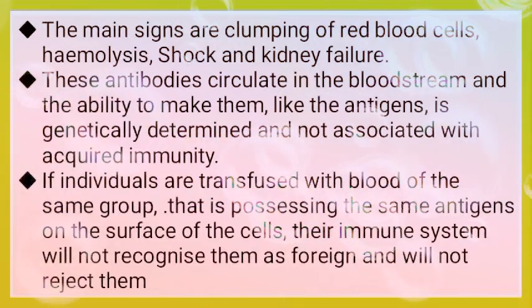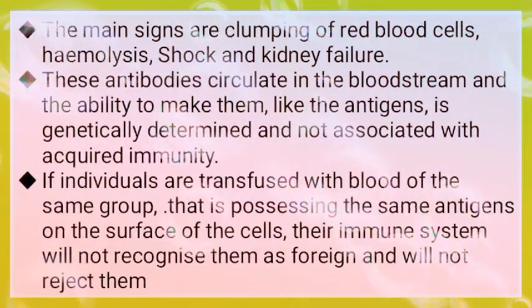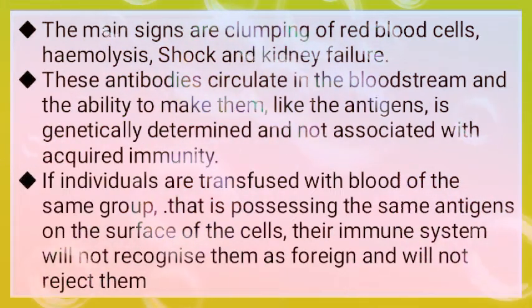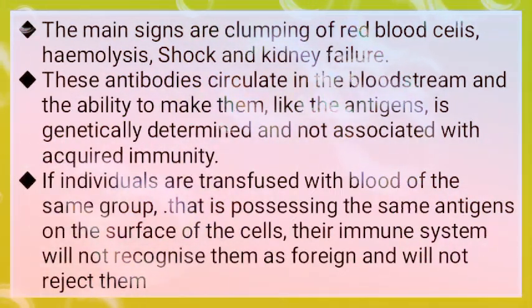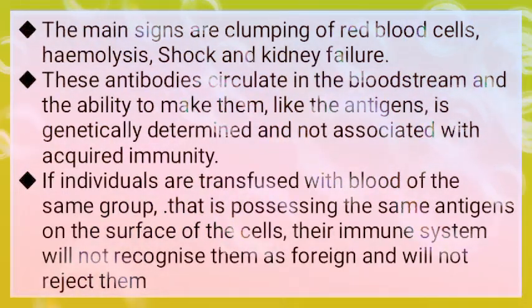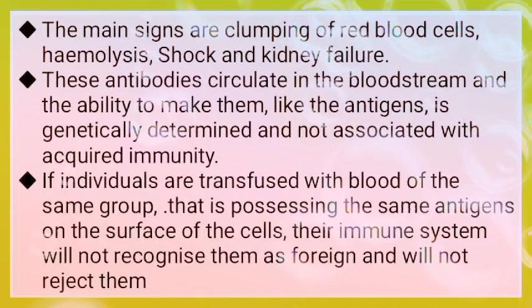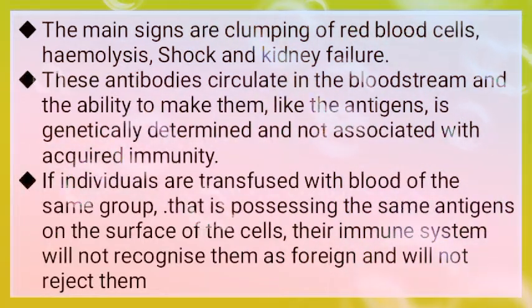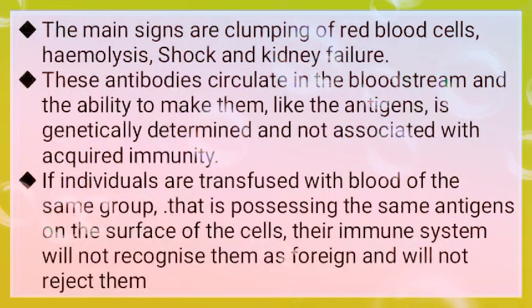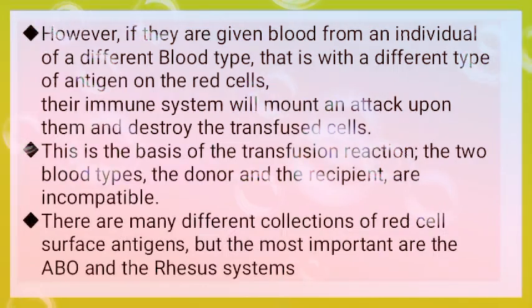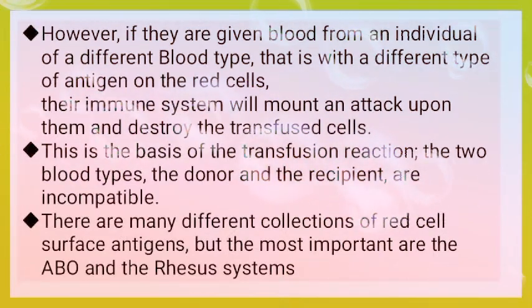So just like we have mentioned, if an individual is infused with blood of the same group, then the person is not going to react to that blood, because the body is not going to recognize that blood as a foreign invader or foreign body. So it is going to tolerate the presence of that new blood that has been transfused into him or her.